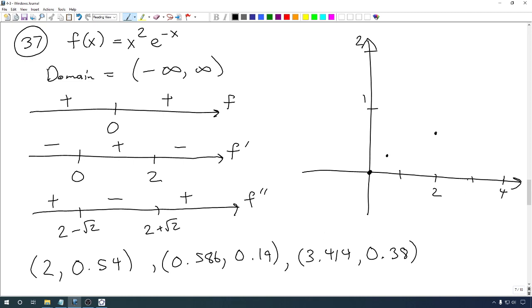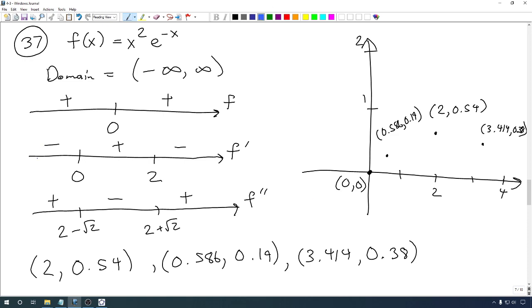Then we have maybe around here-ish. Those are our points. This would be 2 comma 0.54. This is 3.414 comma 0.38. And this one over here is the other one. And of course we have our origin point.